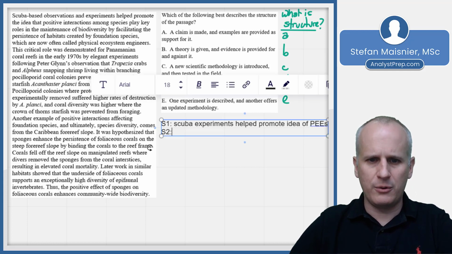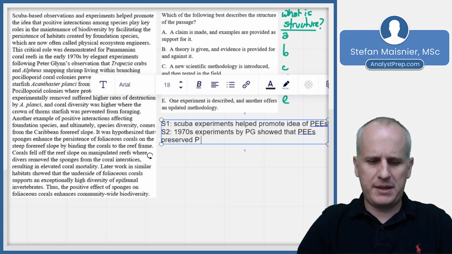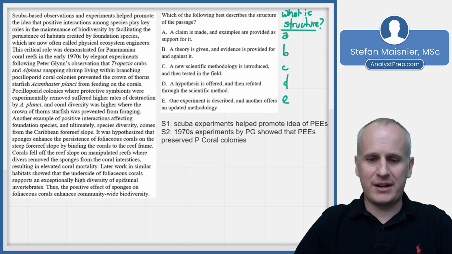So we know that the 1970s experiments by PG showed that PEEs preserved the pea coral colonies. And we're not even going to write out the T crabs and the snapping shrimp. We just need to know the pea coral colonies were saved by these things, in case something comes back up around it.